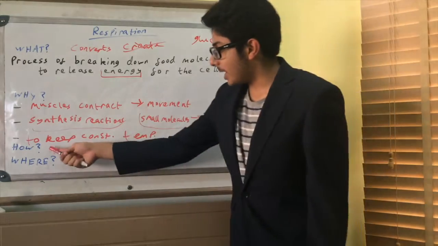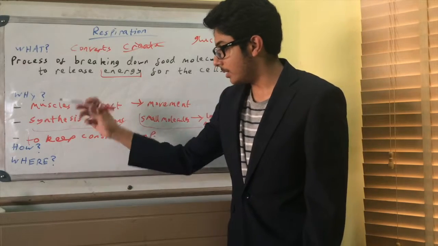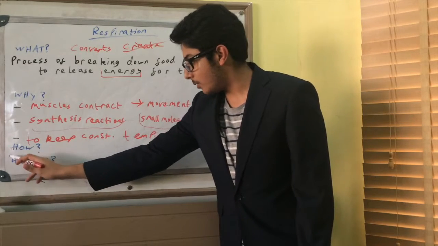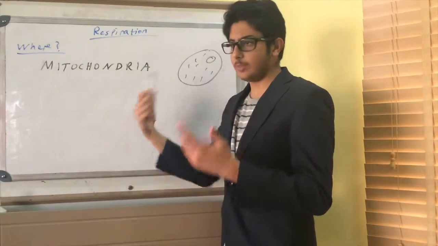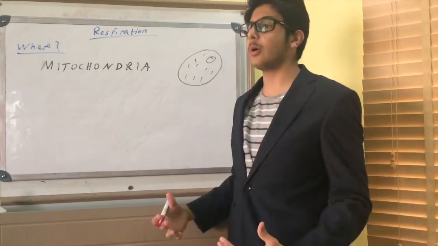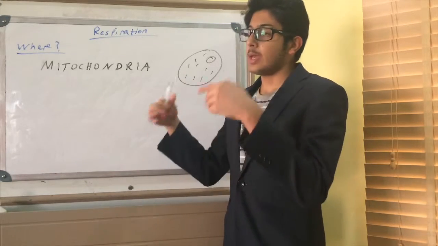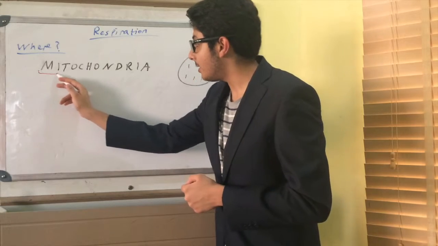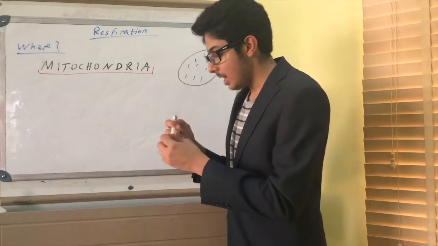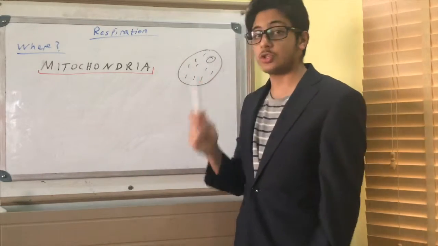Now the next questions are how and where. Let's answer where first. Where does respiration take place? It takes place all over your body. It takes place in your cells, and specifically the mitochondria of your cells. Before we move further, let's get one thing straight.